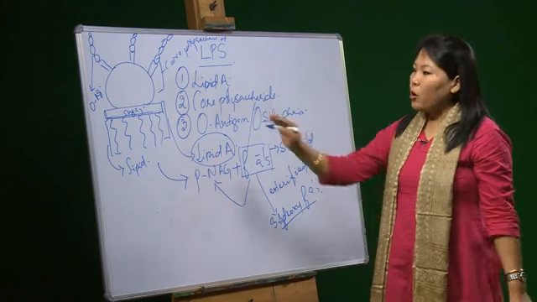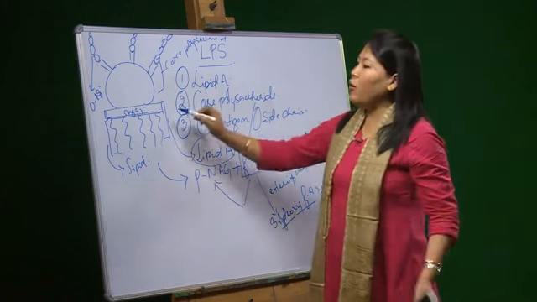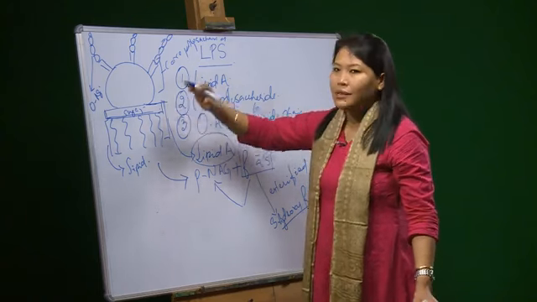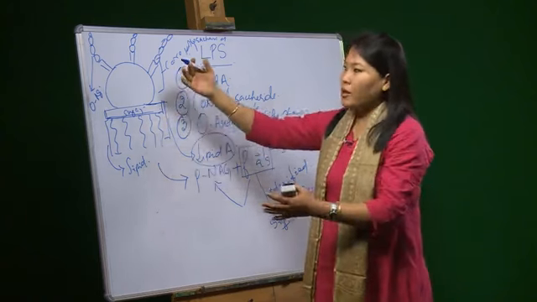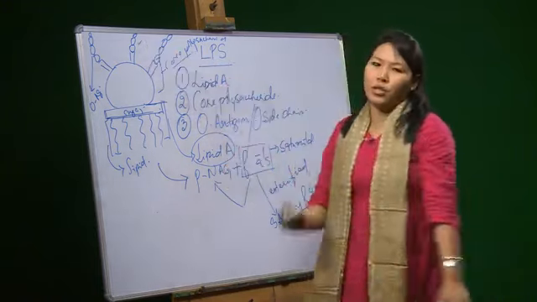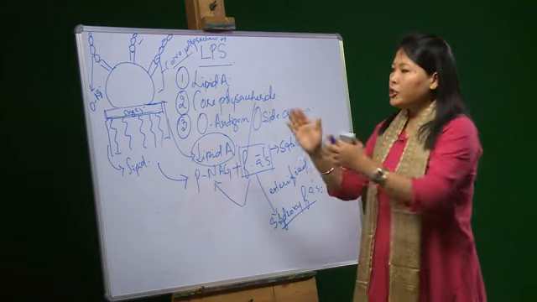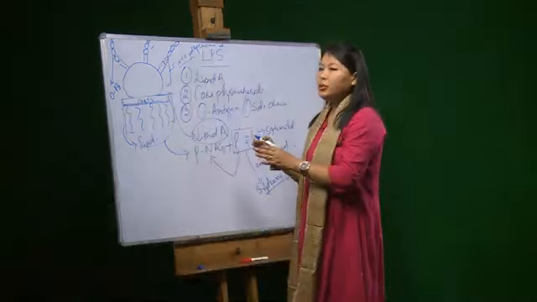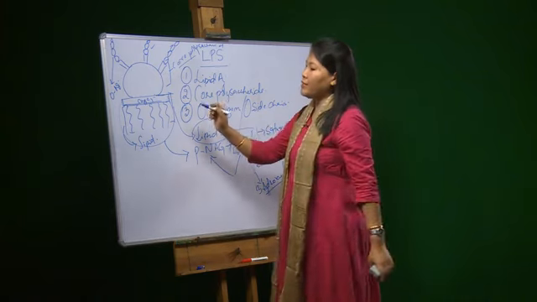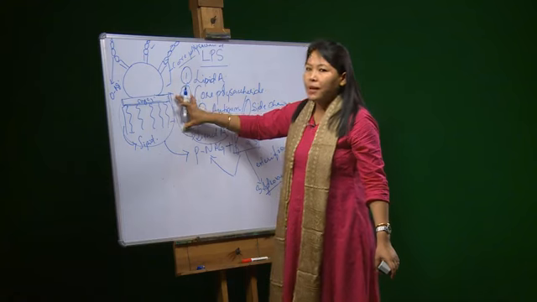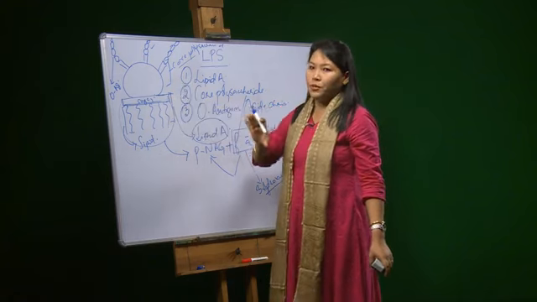But as we know, this portion of lipid A is embedded inside the cell, so it is not exposed as compared to the core polysaccharide and the O antigen. So in order to generate its toxicity, this lipid A has to be exposed.